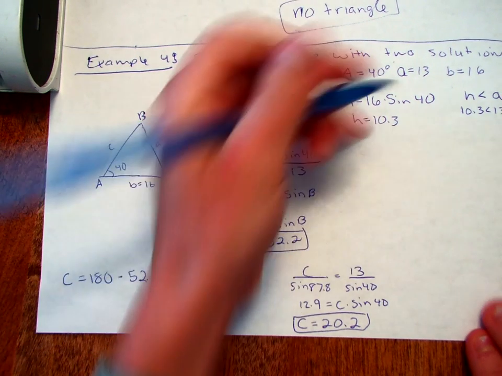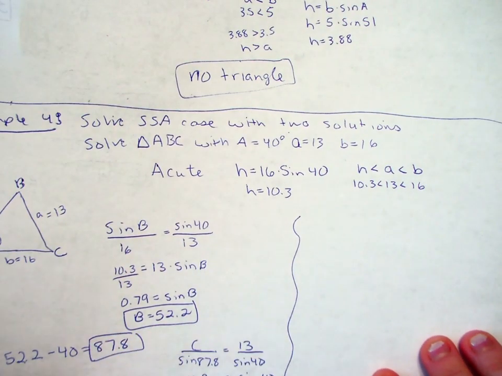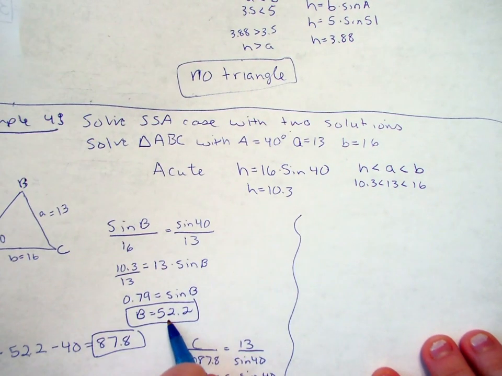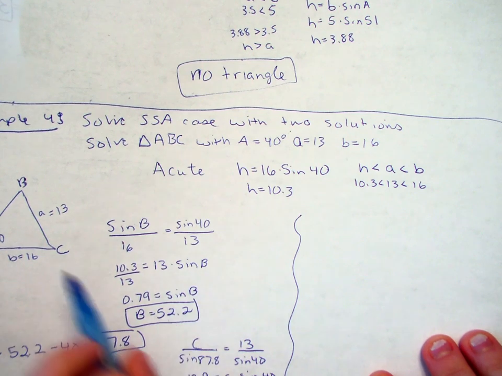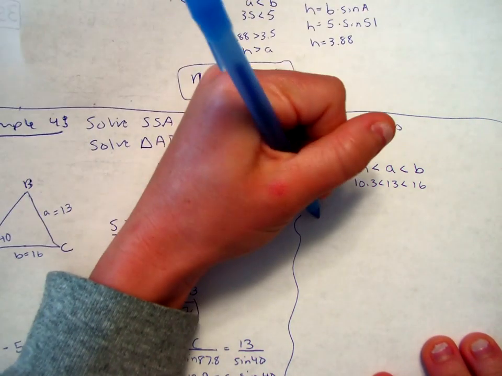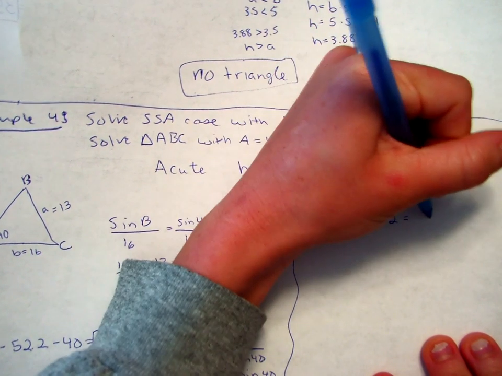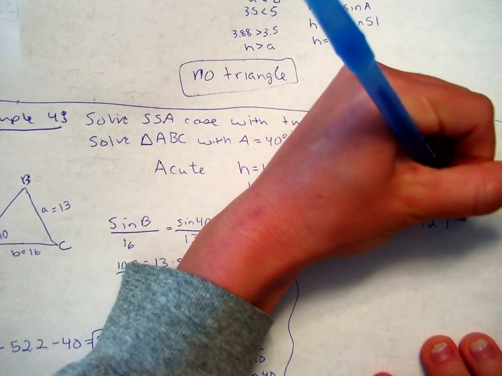We now have another triangle that we have to work with. So how this works is we're saying, okay, if we found that 52.2 was B over here, 180 minus 52.2 gives me 127.8.